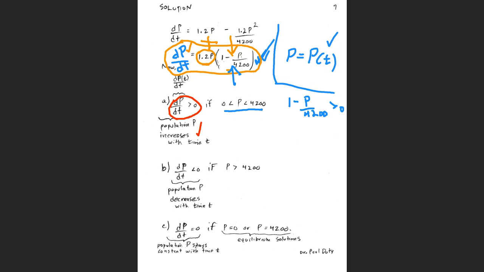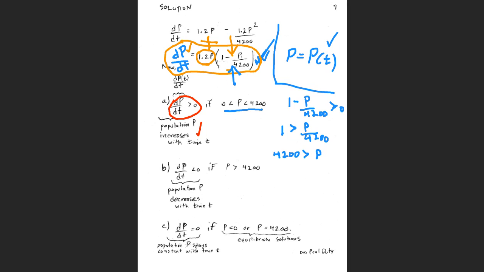It would be positive, just trying to show a few details here, when 1 is greater than p over 4,200, or when p is less than 4,200.